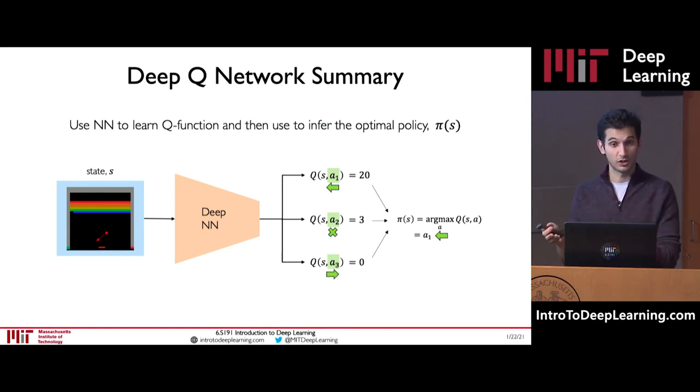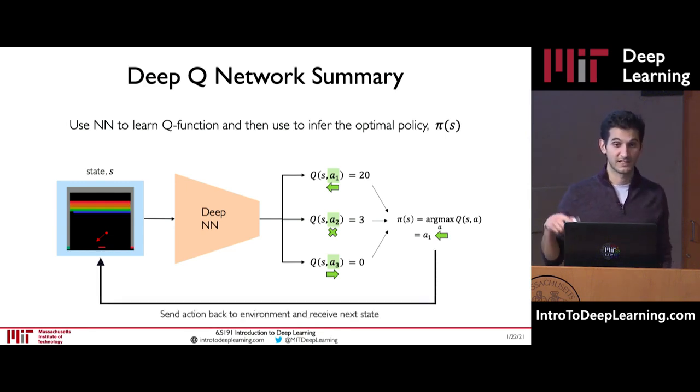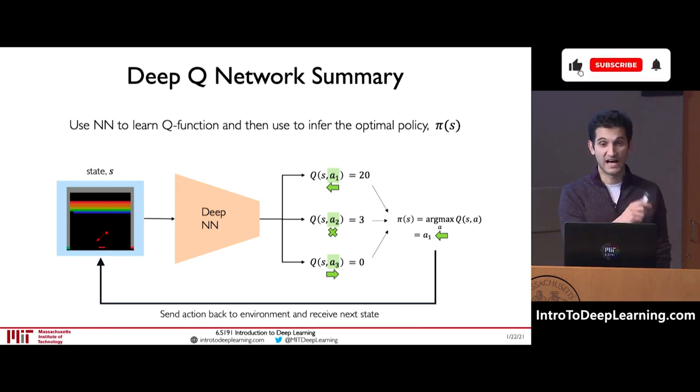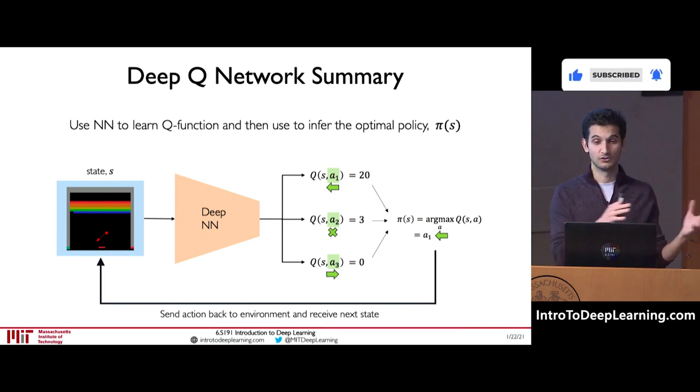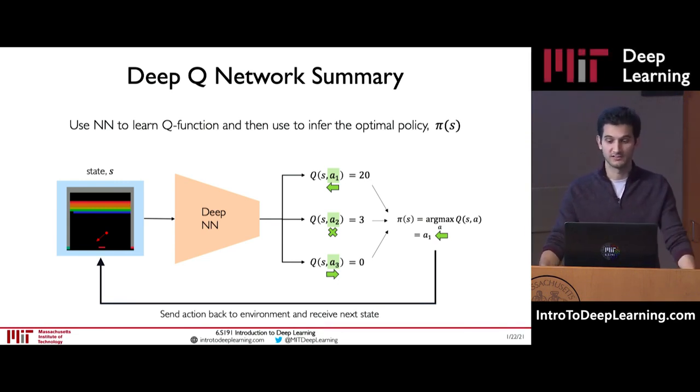That's the action that our agent should execute. So because that had the highest Q value, our agent is going to step towards the left. That action gets fed back to our environment, and our environment will respond with a new state. That new state will again be fed to our deep neural network, and we'll start this process all over again.